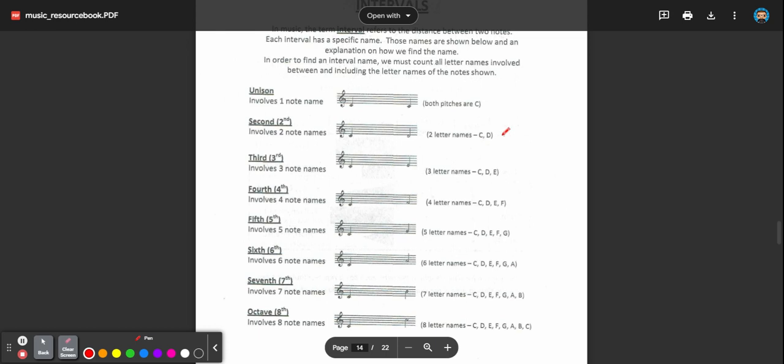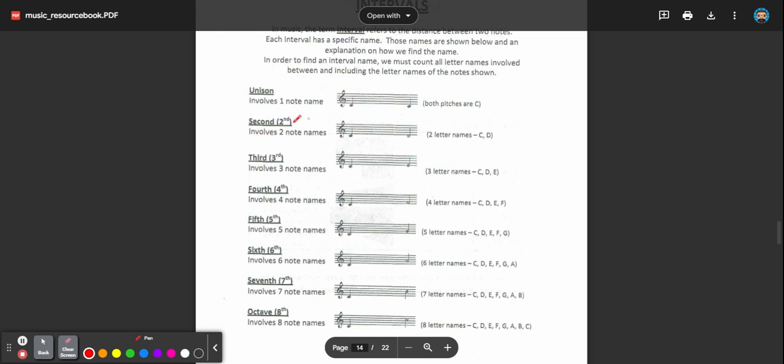Two letter names, C and D. So I like the way they describe it here, but you could also just count it. C to D. Do, re, major second.